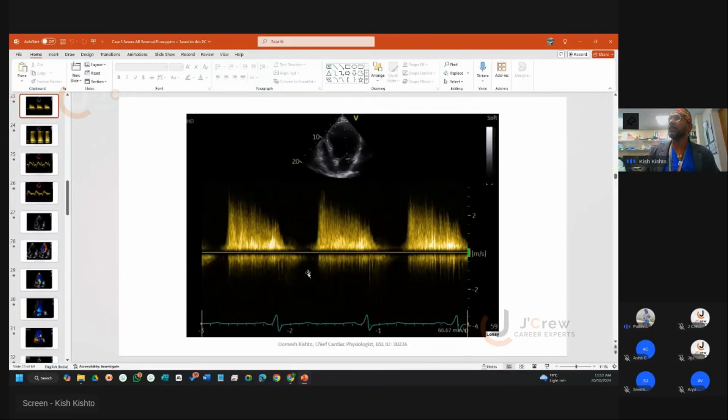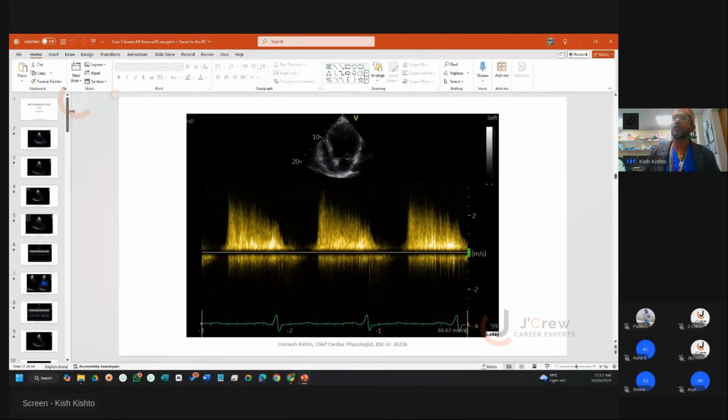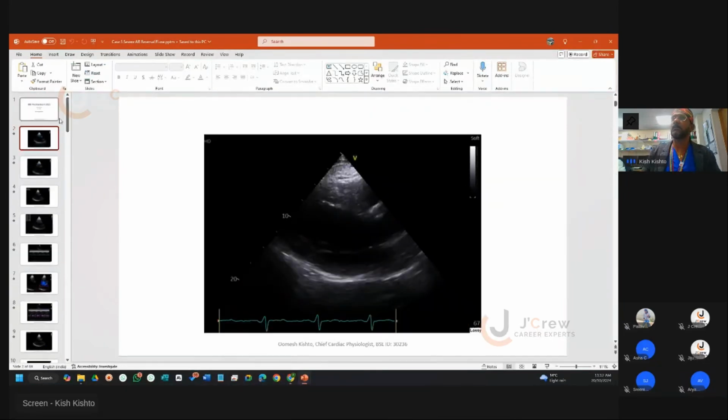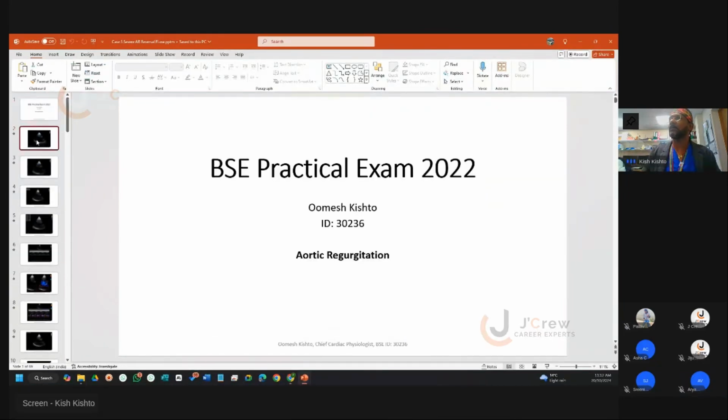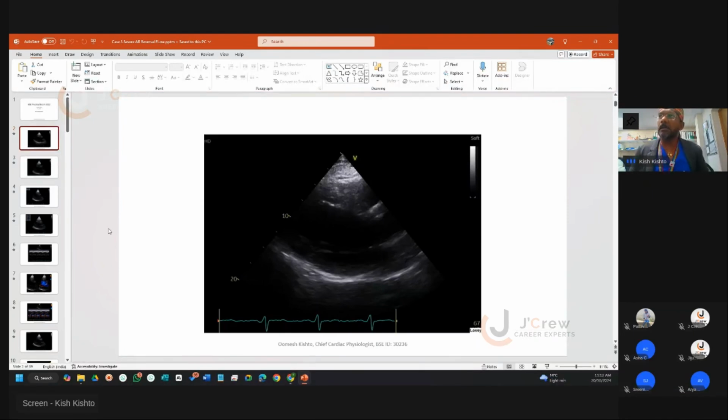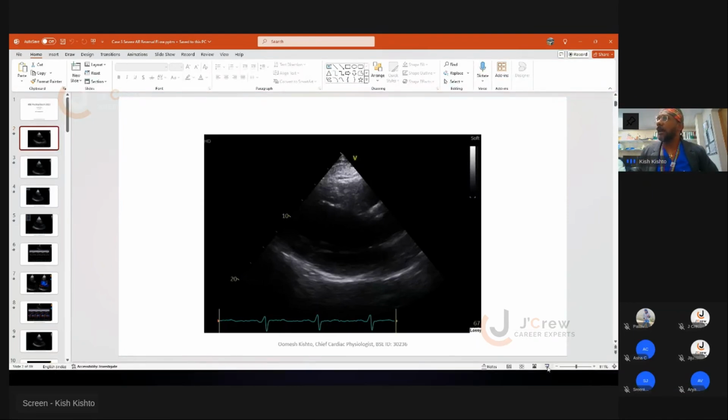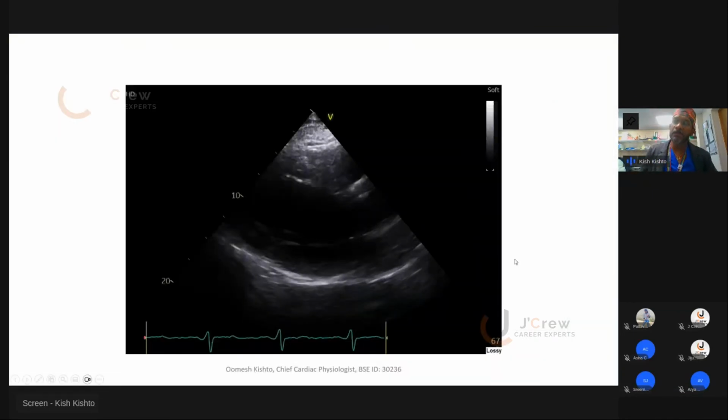Okay, the next case we're going to look at is aortic regurgitation. I will skip lots of the minimum dataset images so that we can focus on the main pathologies, because I think you're sick and tired of hearing me saying minimum dataset normal.